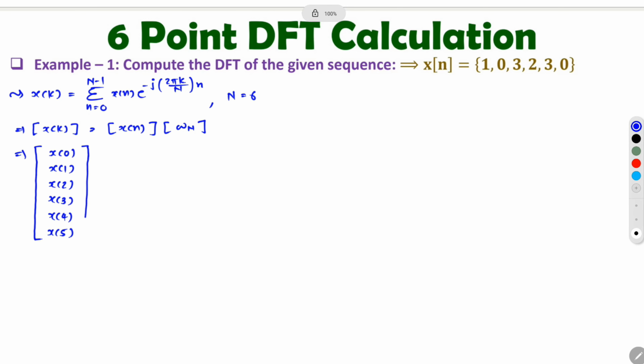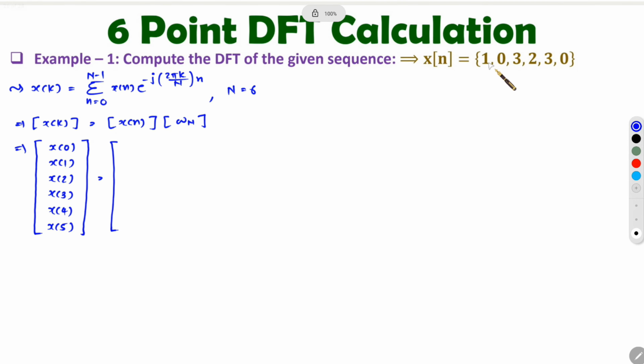In total 6 elements are there. Here see x of n, that is given to us, that is 1 0 3 2 3 0.